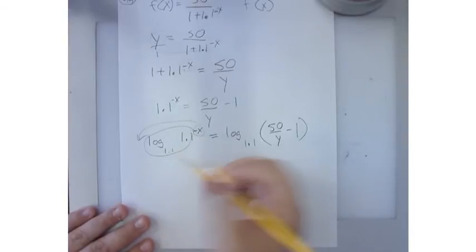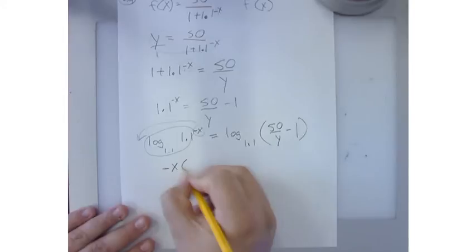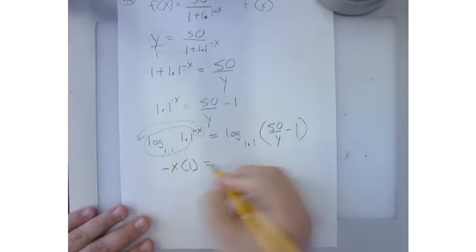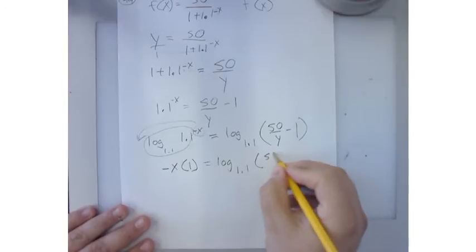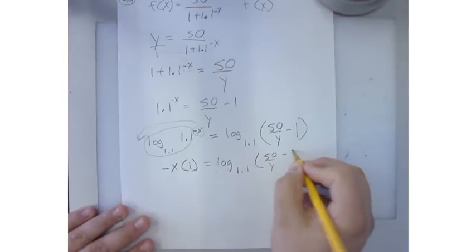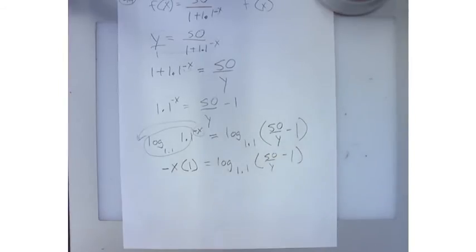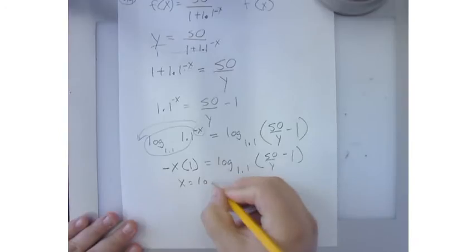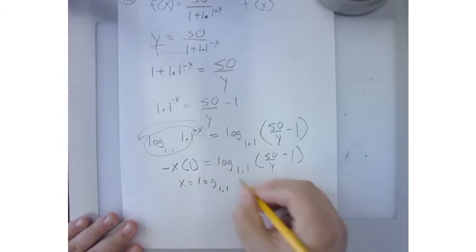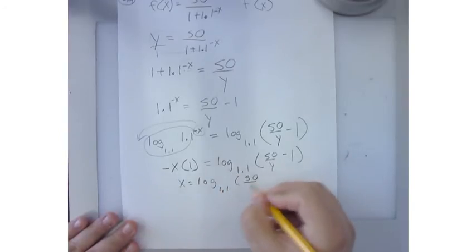So I really have negative x times 1 is equal to log base 1.1 of 50 over y minus 1. And then I suppose what I could do is multiply everything by negative 1, and I get x is equal to log base 1.1 of all this stuff. And so that's still the same equation that we started with, right? How do you get x positive?